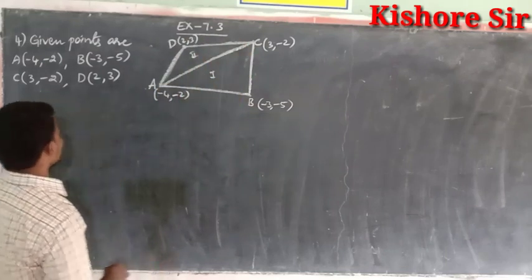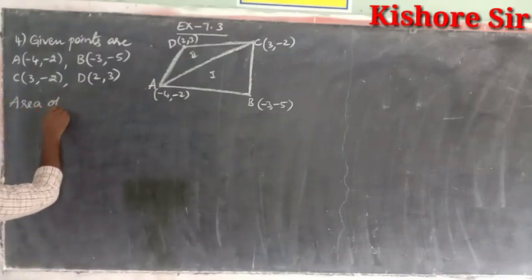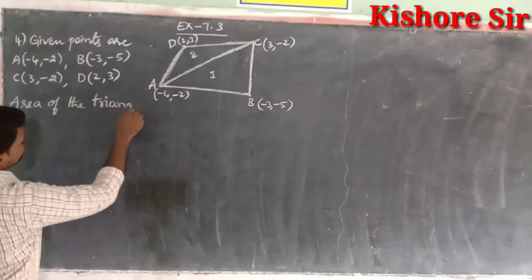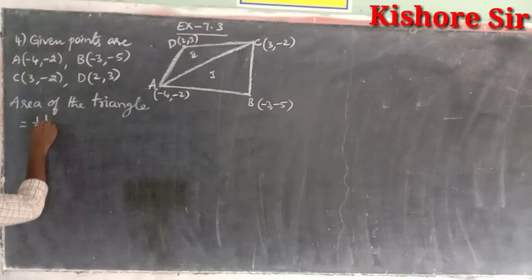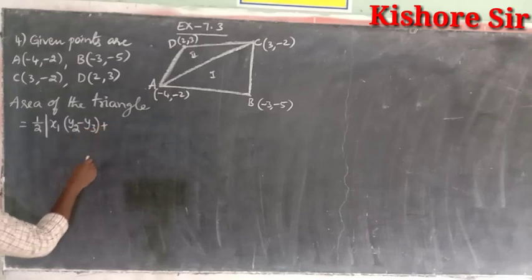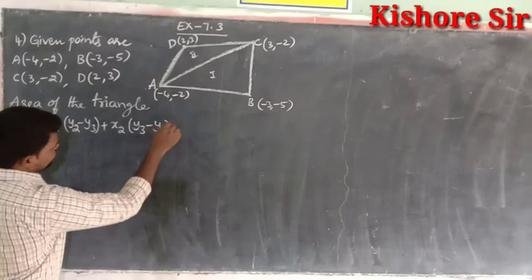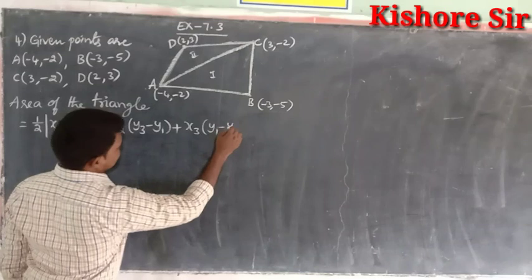Okay, now write the area of the triangle formula. Area of the triangle is equal to 1/2 modulus of x1(y2 - y3) + x2(y3 - y1) + x3(y1 - y2).